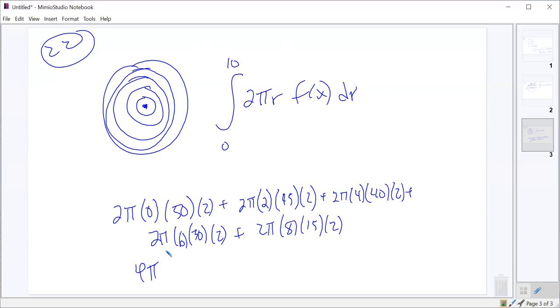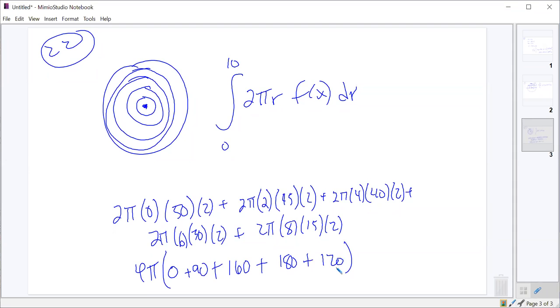So really we got 4 pi times, let's see, the first one is 0. Second one is 90. Third one is 160, 180, and what's that one? 120.